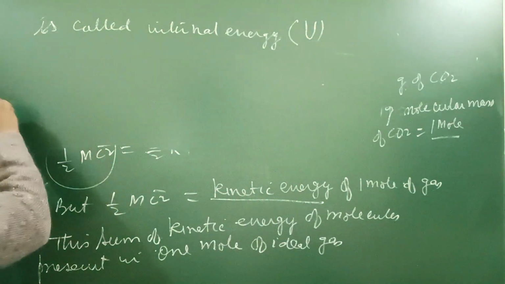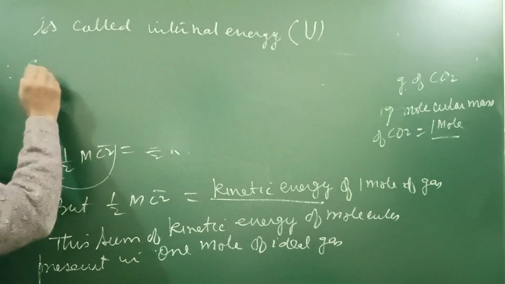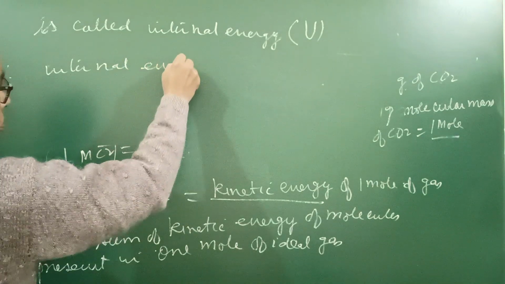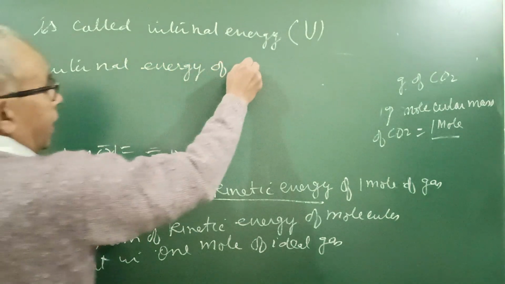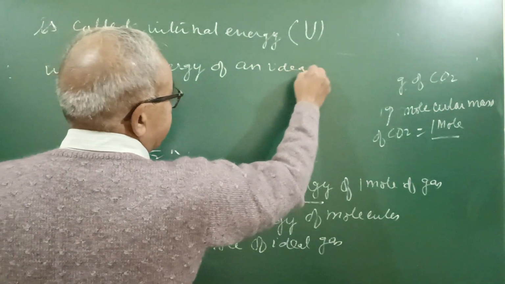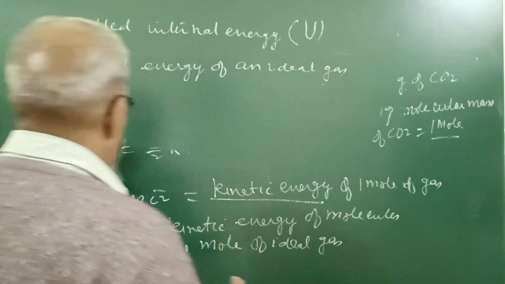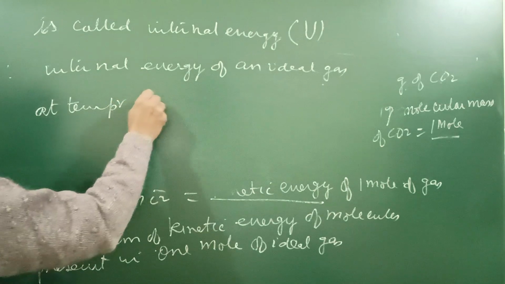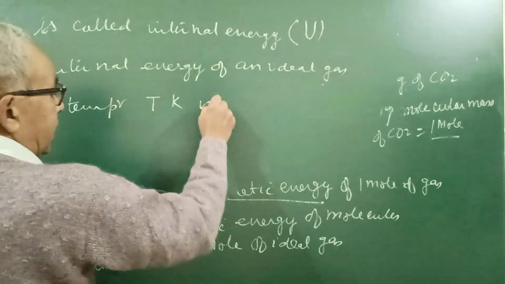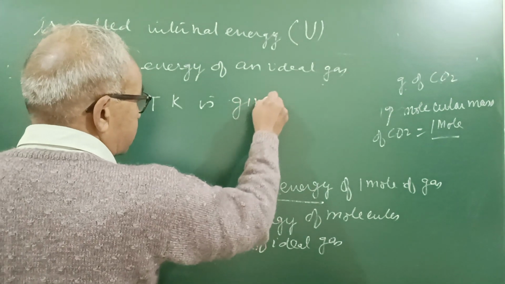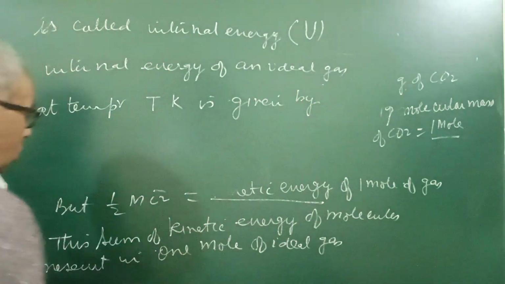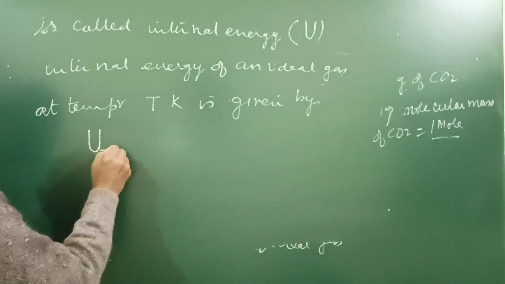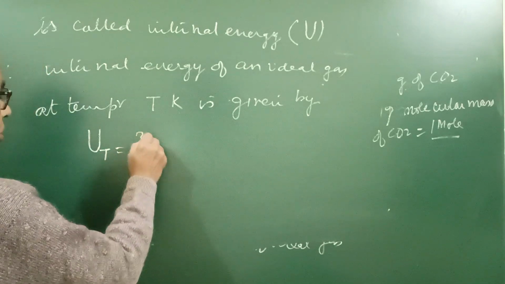So I can write here, the internal energy of an ideal gas at temperature T Kelvin is given by U equal to 3/2 RT.